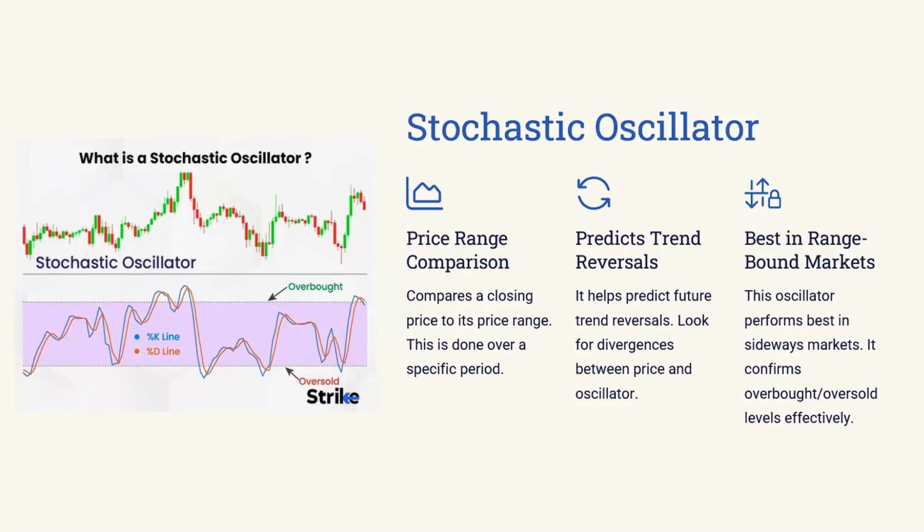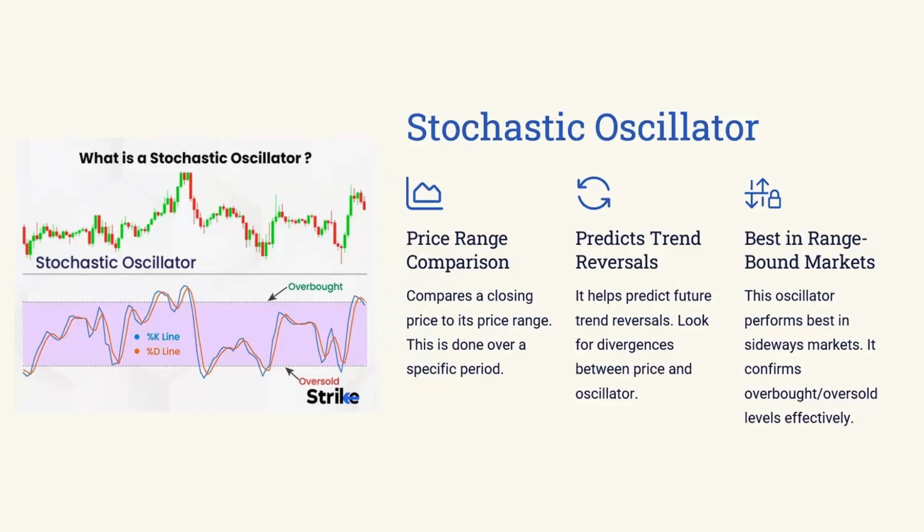In such markets, prices frequently oscillate between overbought and oversold levels, making reversal signals more reliable. Its design, which focuses on the close relative to the range, makes it excellent for identifying when a price move has stretched too far within a limited range.